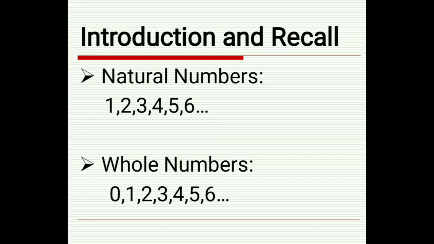Now let us recollect what you have learned in the 6th standard. You all are aware of natural numbers. Which are the natural numbers? Yes, correct. 1, 2, 3, 4, 5, 6, 7 and so on. And which are whole numbers? 0, 1, 2, 3, 4, 5, 6, 7 and so on.